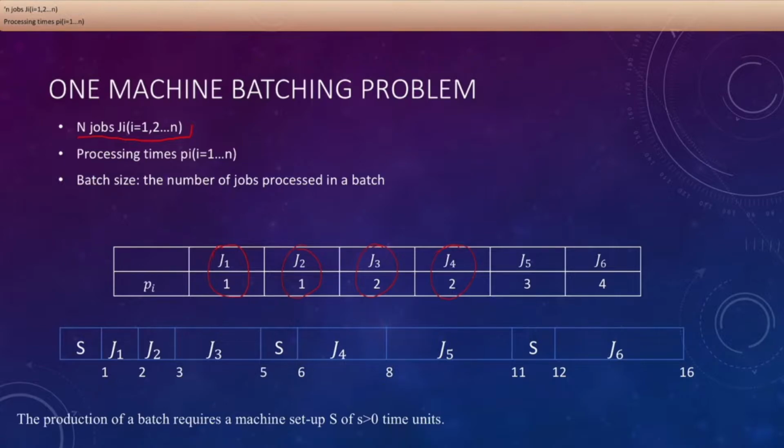The other important concept is the batch size, which is given by the number of jobs inside one batch. It is also important to state that for each batch, we need an amount S of time, which is just the machine setup.